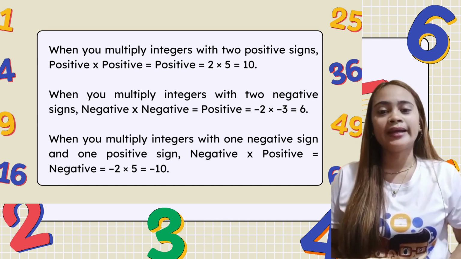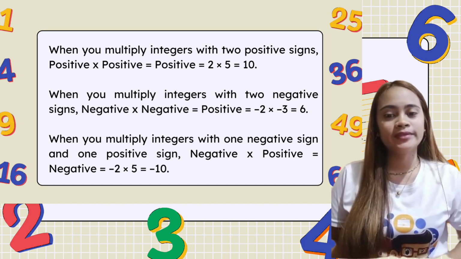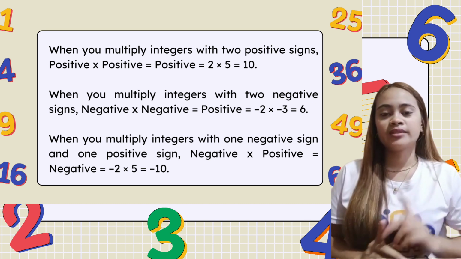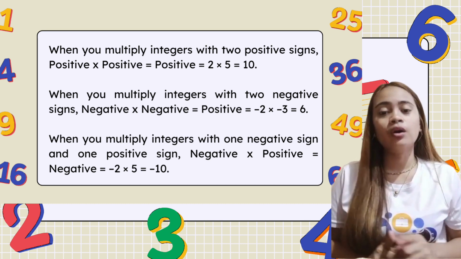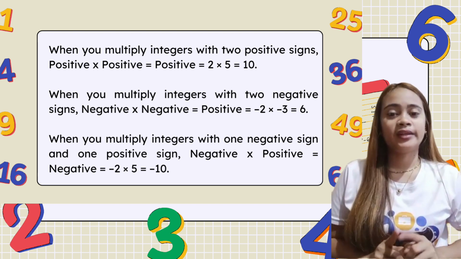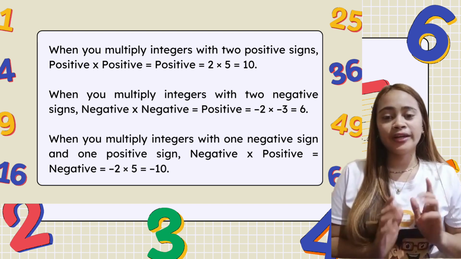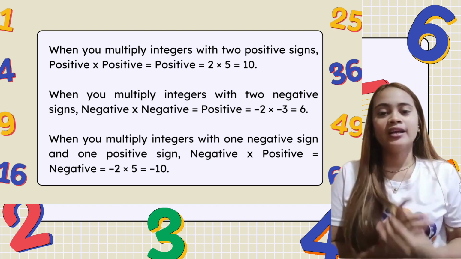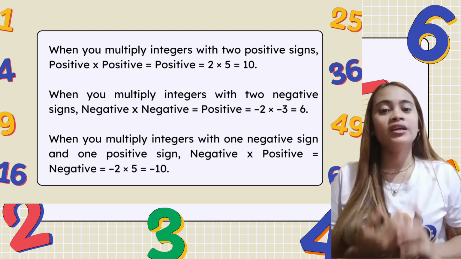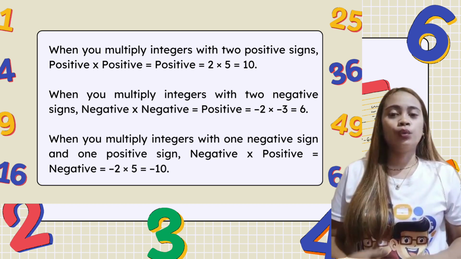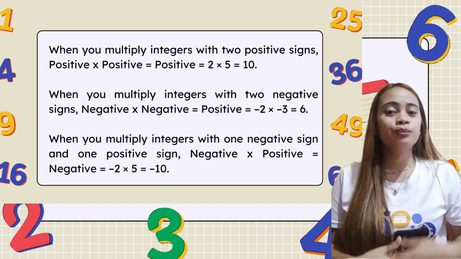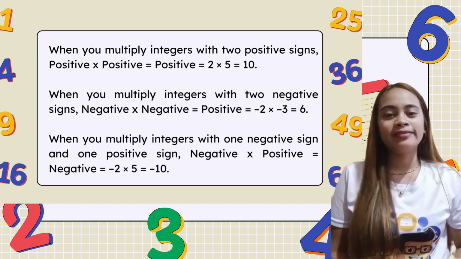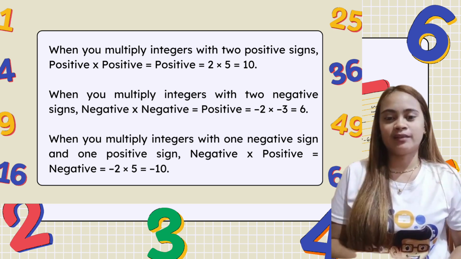When you multiply integers with two negative signs, negative times negative is equal to positive. Positive pa din siya. For example, negative 2 times negative 3 is equal to positive 6. So, paano naman kung when you multiply integers with one negative sign and one positive sign?